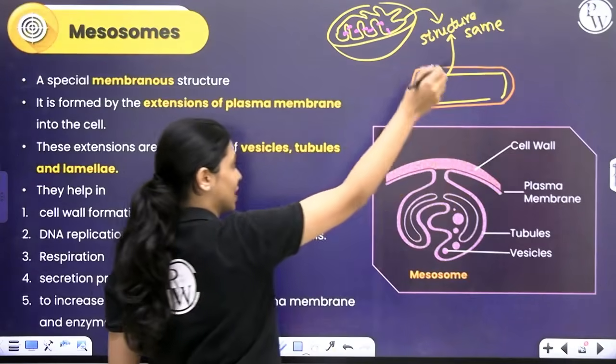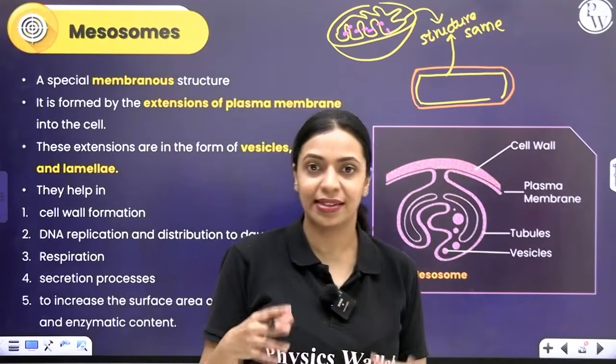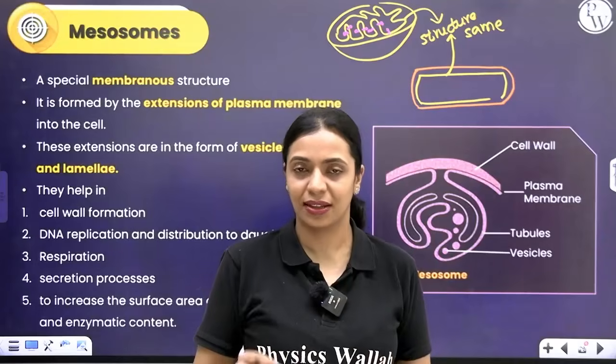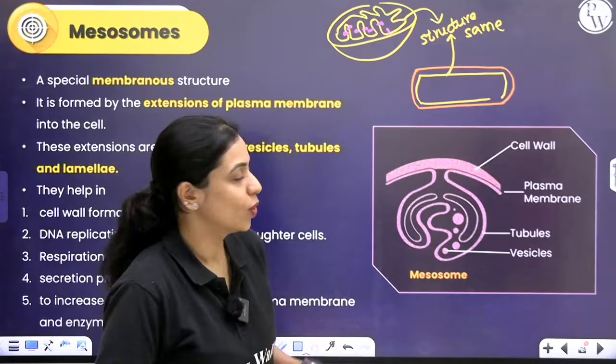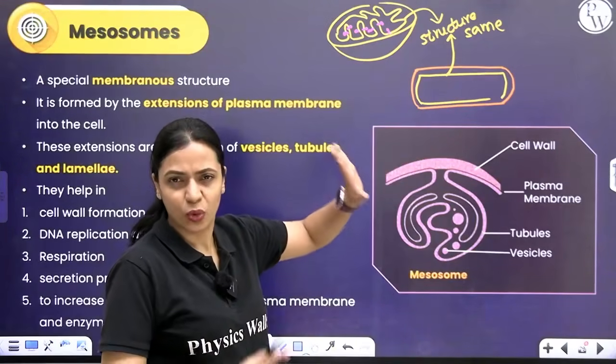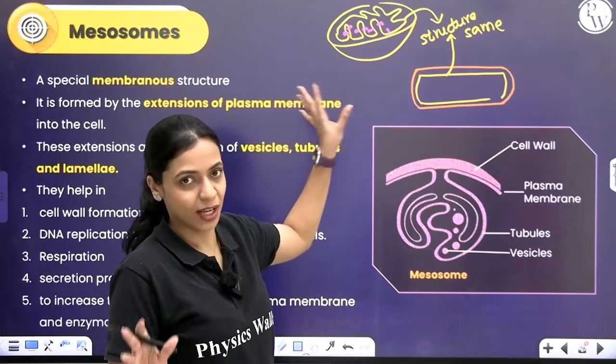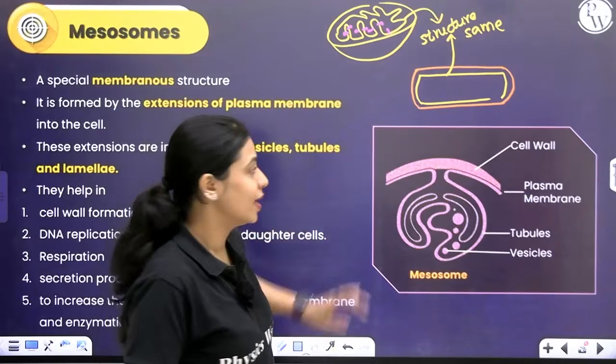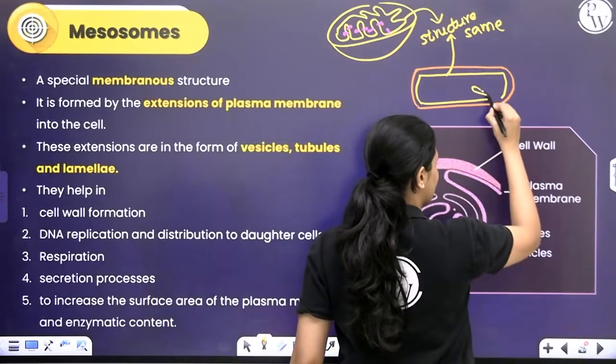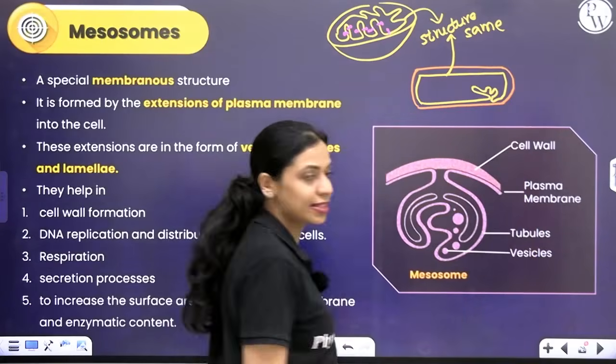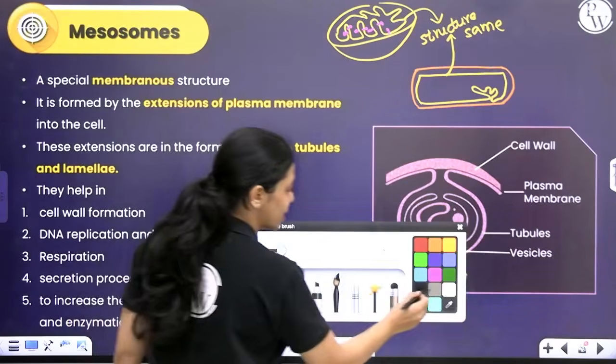So instead of these bacteria having a specialized extra organelle to synthesize ATP, within the only type of membrane that it has, which is its plasma membrane, it will make some modifications. It will develop certain infoldings within the plasma membrane itself, which we refer to as the mesosome.